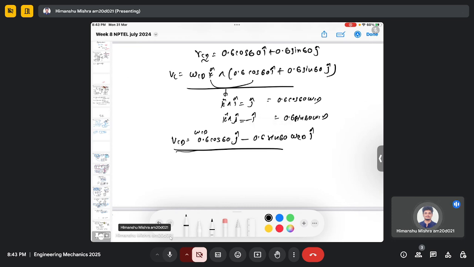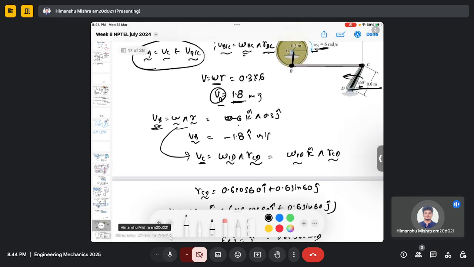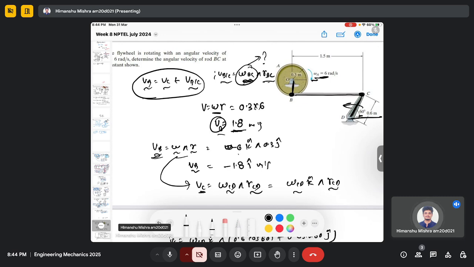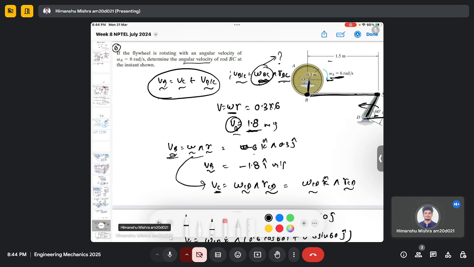You have the velocity VC vector, you have the velocity VB vector. Now you need to calculate this expression, omega BC cross product with RBC. We don't know this, and this is the goal of this problem. We need to find omega BC, and RBC we can find very easily because it is 1.5 meter, and we need to determine the angular velocity at a given instant.